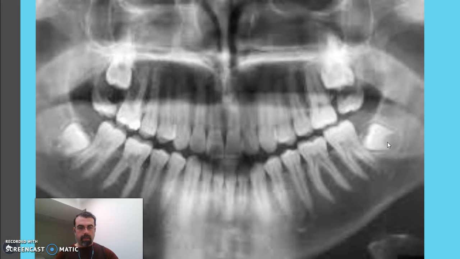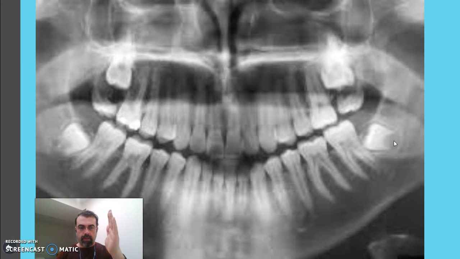But the reason I put this OPG is to show you the pathway of eruption of the third molars. It almost starts horizontal, then becomes mesioangular and keeps tilting distally until it reaches the vertical angulation.